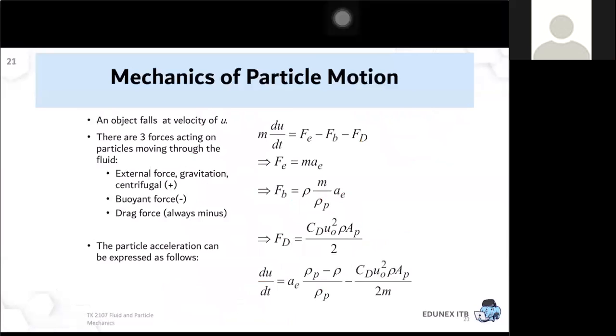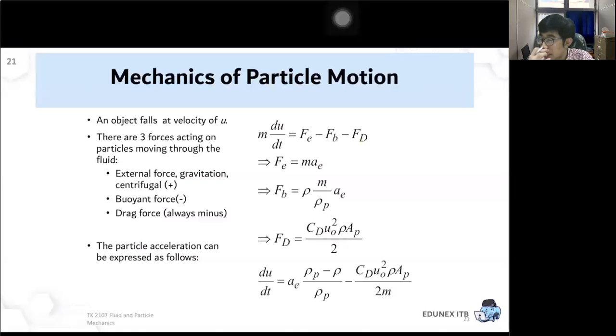Okay, now we will discuss some phenomena of solid-fluid movement. Previously, we discussed when we have particles, meaning solid, inside the pipe and you have flowing fluid.